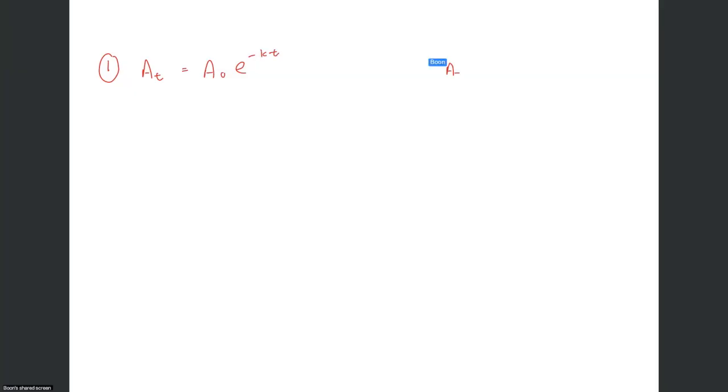A of t is the amount of the substance at time t.